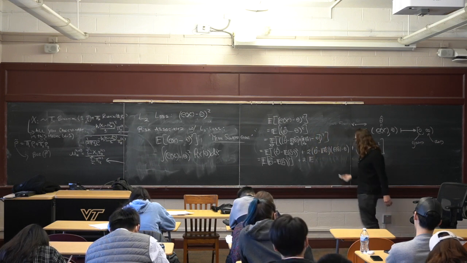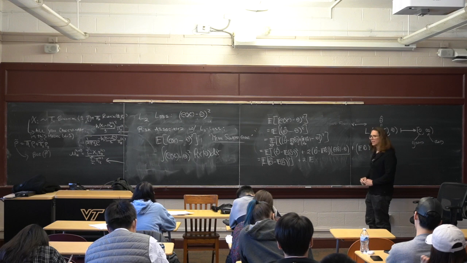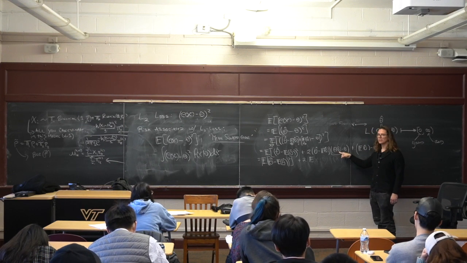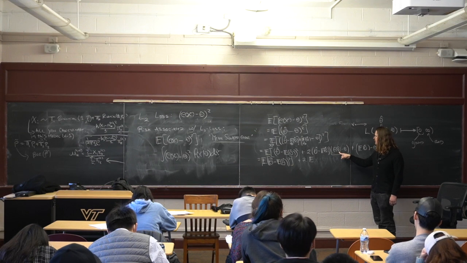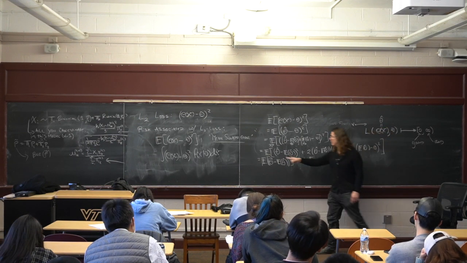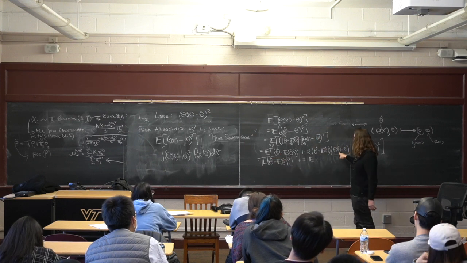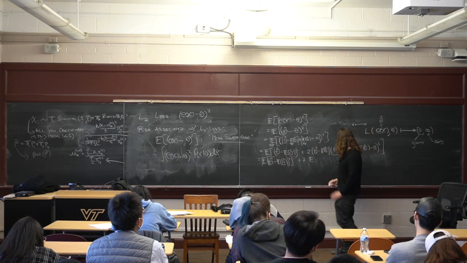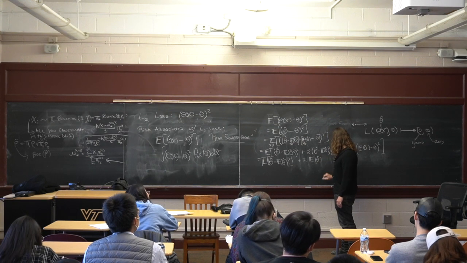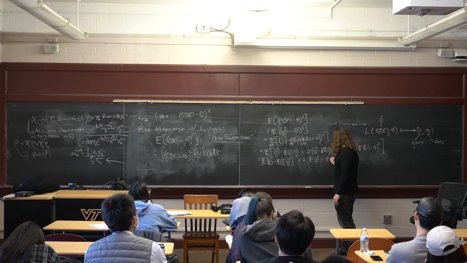I want to point out, there's no x's in here. So I've already taken an expectation over this. So it's averaging out the x's in here. So this is a constant with respect to this expectation because I've already averaged over everything. So this is going to be expectation of theta hat minus expectation of theta hat.